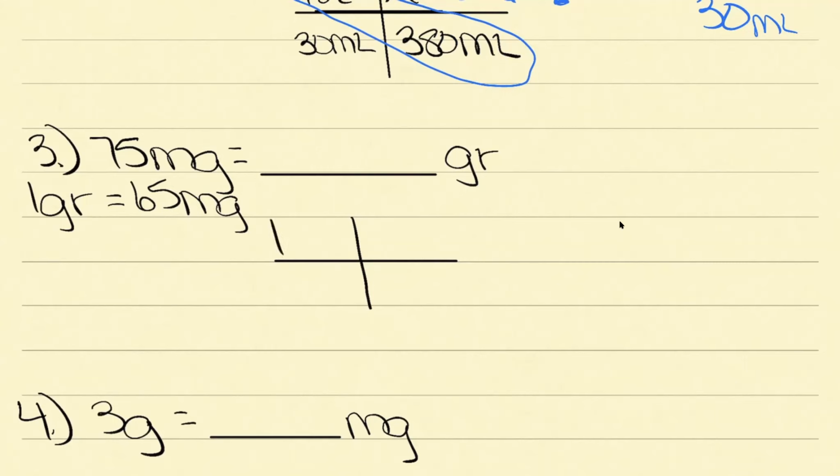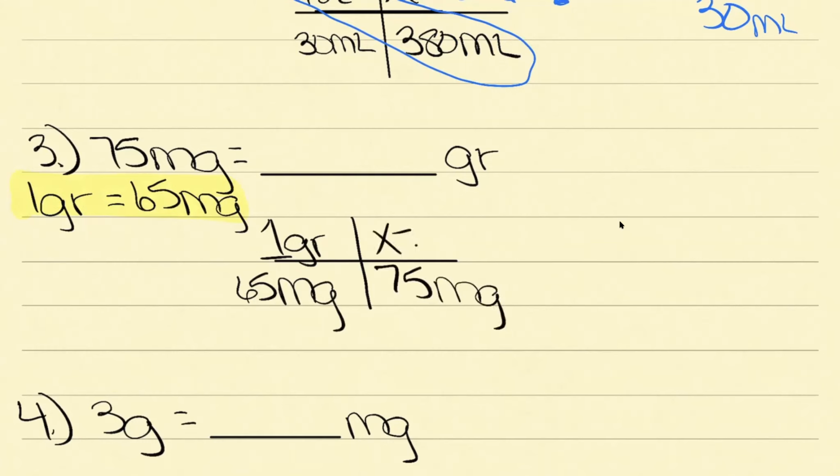Okay, so I'm gonna put my conversion pair on the left side of the cross. And then I'm gonna match my unit. So 1 grain is 65 milligrams. So that means 75 milligrams will go on the bottom right because I'm matching my units side by side. So once again, 1 times 75, so cross multiply. 1 times 75 is 75.